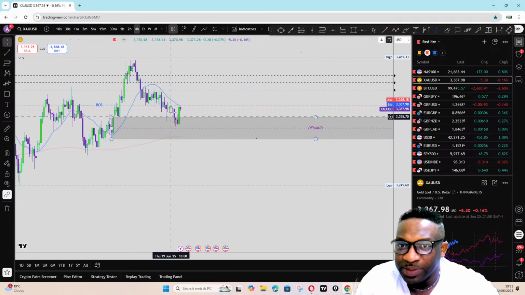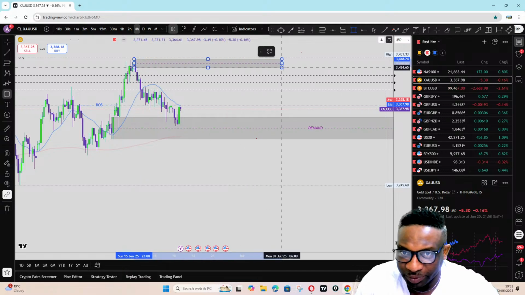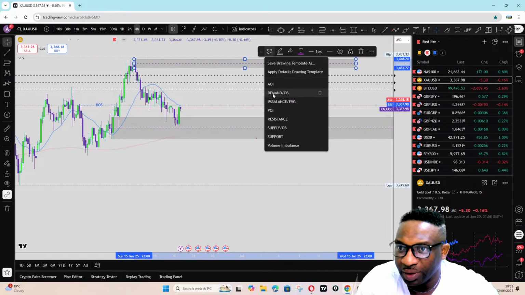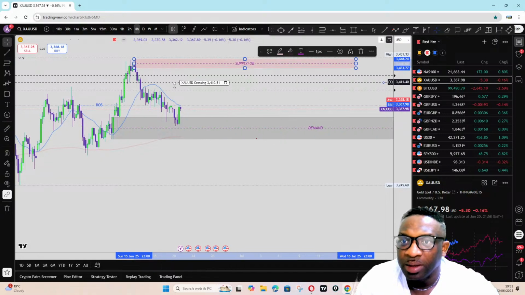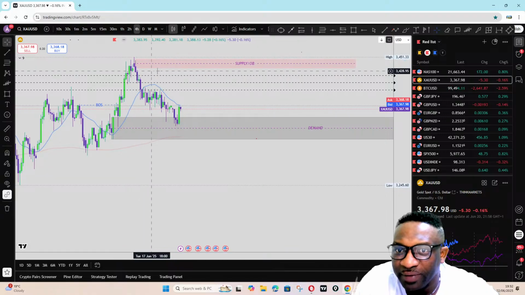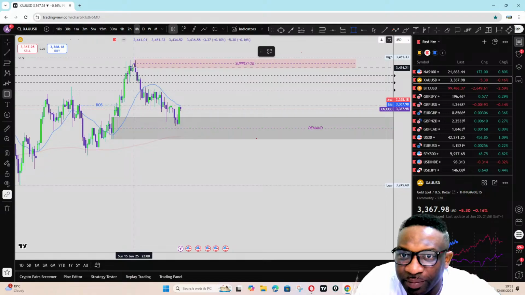So from this point on, we can also identify this area, this last candle here, as our supply area of interest, and then there's also a fair value gap attached to it. So I'll mark that as well from here.